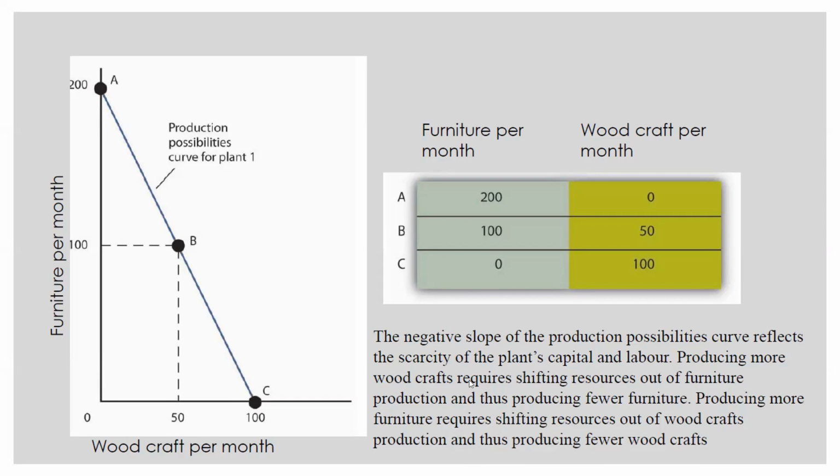So if we produce more woodcrafts, we can produce fewer furniture because we should shift resources to woodcraft production. Producing more furniture will require shifting resources from woodcraft to furniture, so it will also result in producing fewer woodcrafts.